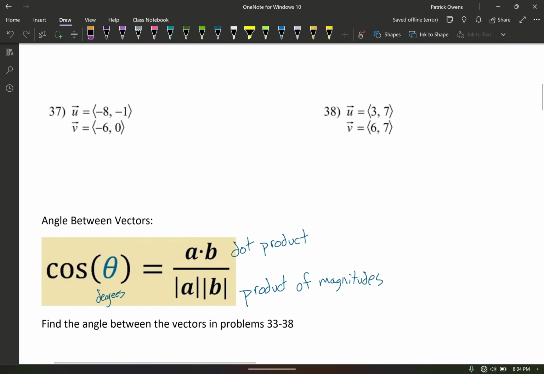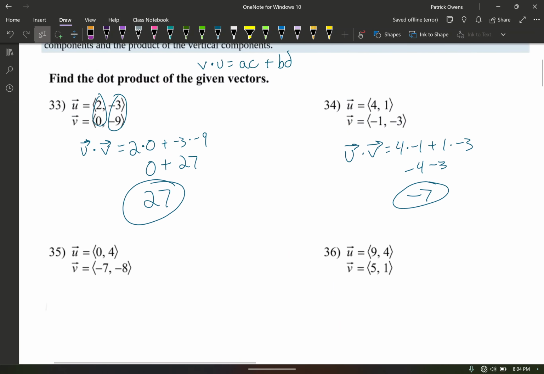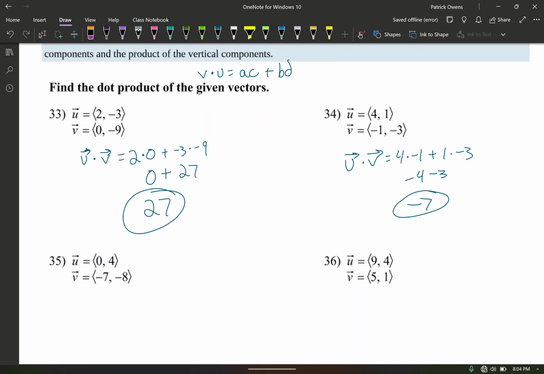So what we'll do, let's look at this first one with u and v. So our dot product is 27. And we need all of the parts of this problem before we go on to put it in the calculator to find our angle between vectors. So our magnitude of u, well, how do we find our magnitude?